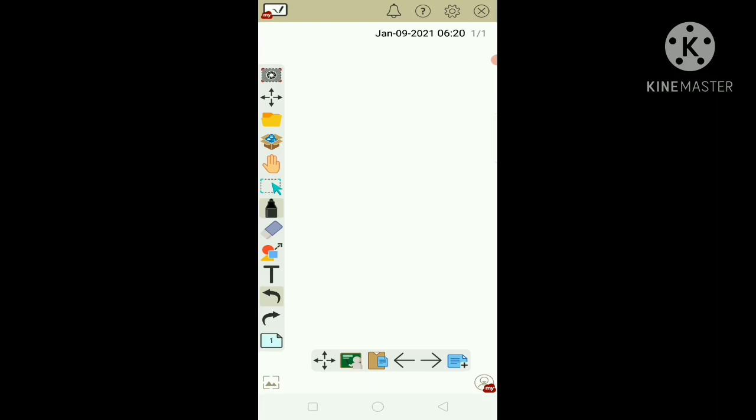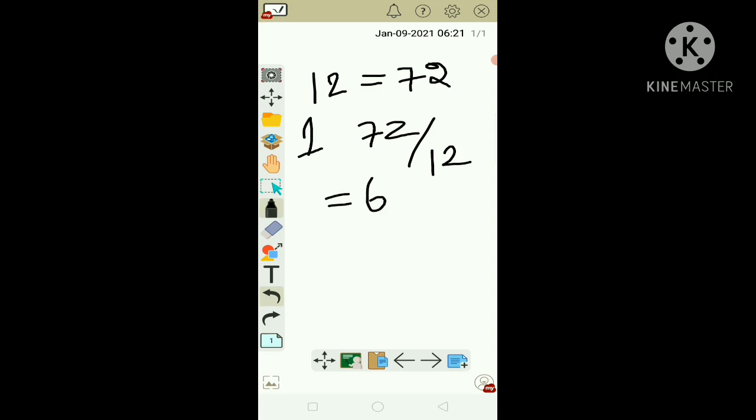For that we need to divide 72 by 12, and you get 6. So 6 is the cost of one apple.